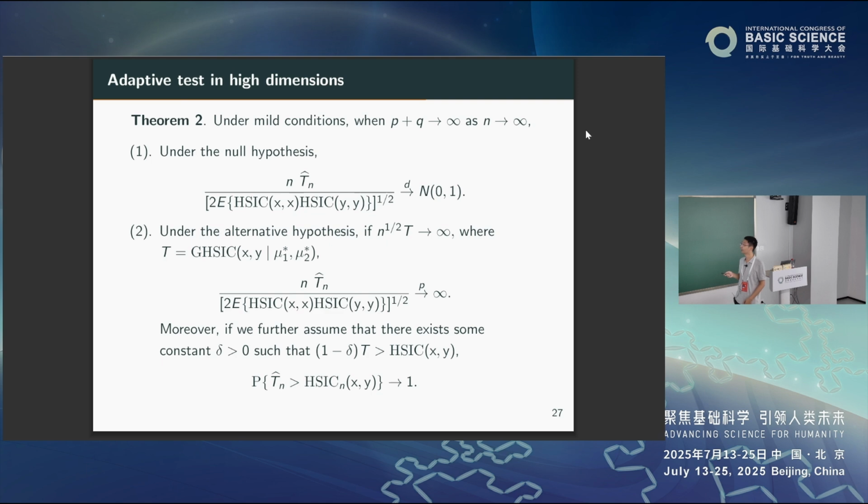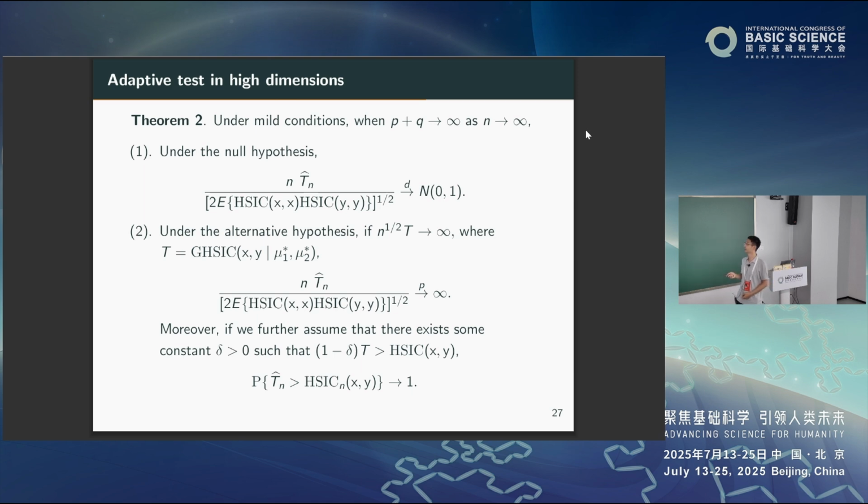More importantly, by comparing with the existing literature for the HSIC, we know that our statistic has the same asymptotic distribution as the traditional HSIC under the null hypothesis. So the critical value for our adaptive test procedure is the same as for the traditional HSIC-based test. This is the result under the null hypothesis.